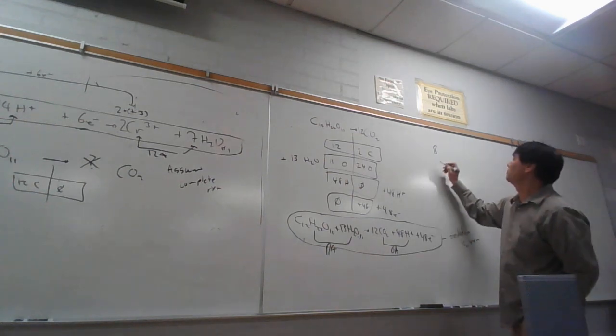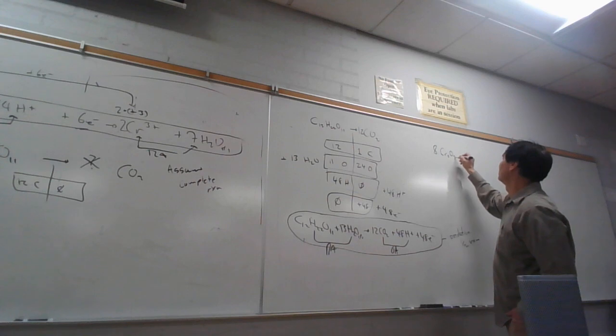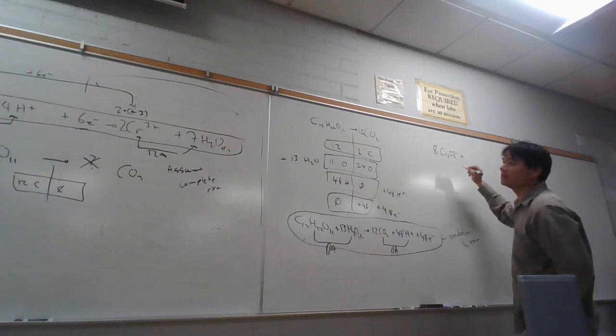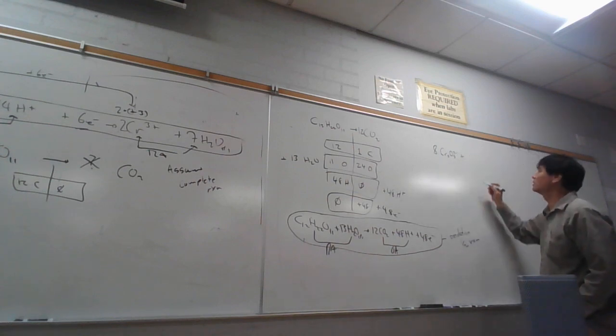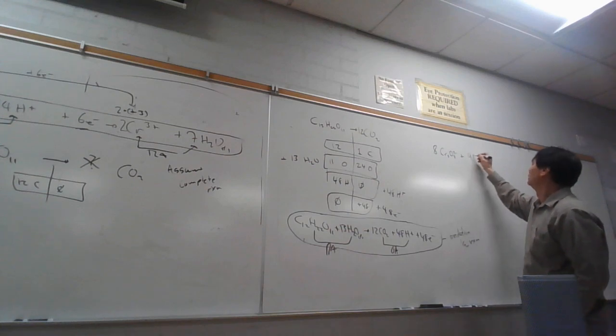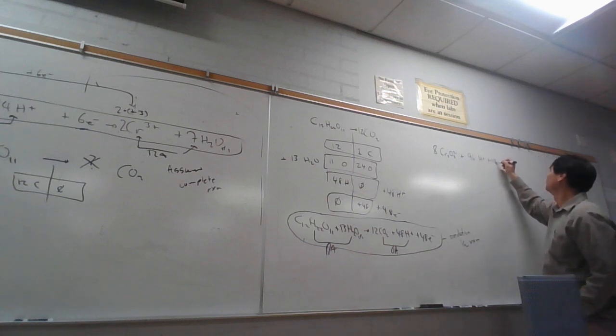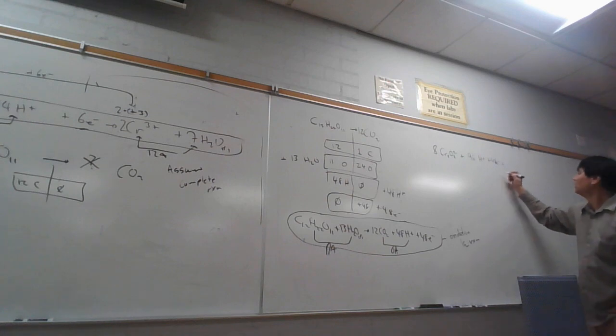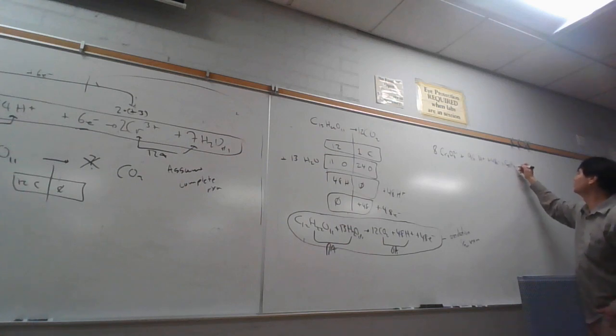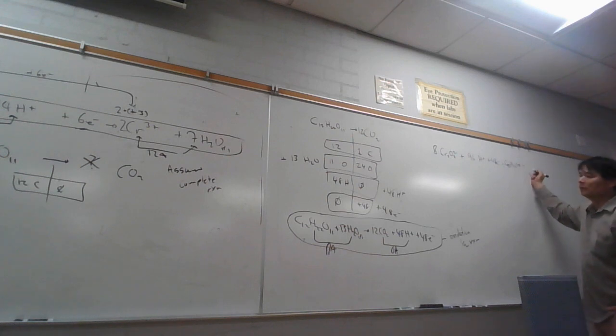And so just combining everything, we'll have 8 dichromates plus 8 times 14, so 80, 96 H plus 48 electrons plus C12H22O11 sucrose plus 13 H2O.